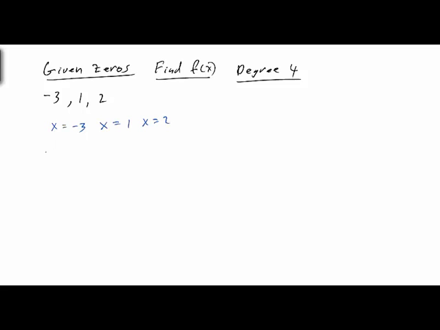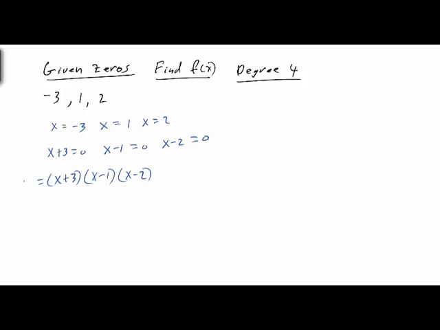Set each one equal to 0, so x plus 3 equals 0, x minus 1 equals 0, x minus 2 equals 0. Then we multiply each one of these together, so you'd have the factors x plus 3, x minus 1, and x minus 2.